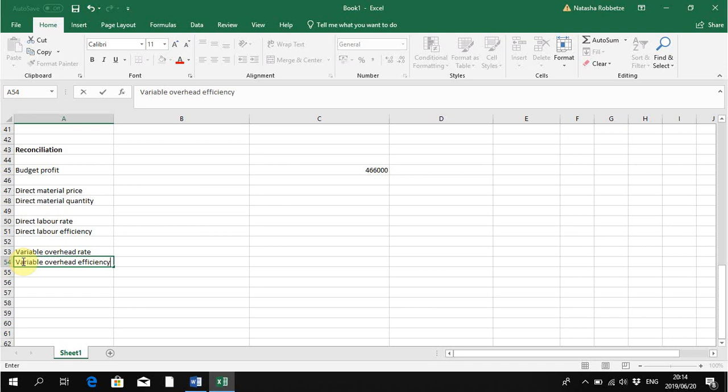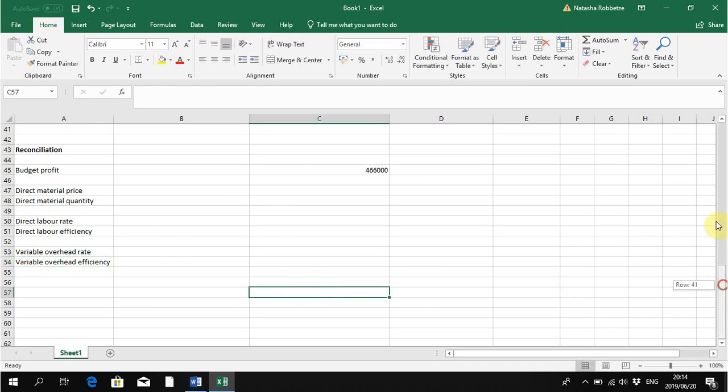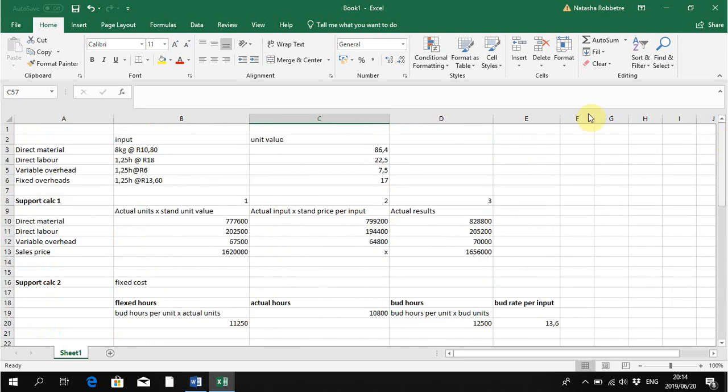Right, and all this I can now calculate from my support calc number 1, because the rate and the price variances will be column 2 minus column 3. The quantity and efficiency will be column 1 minus column 2.